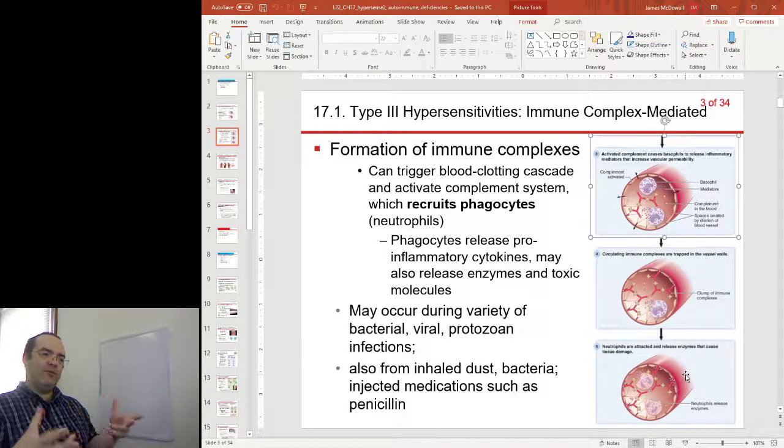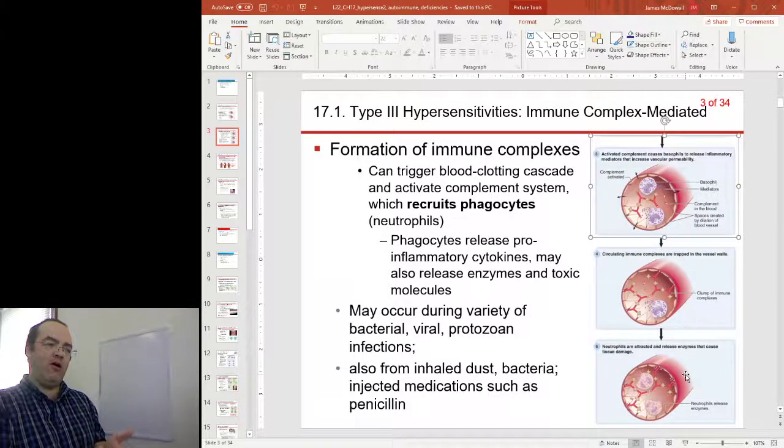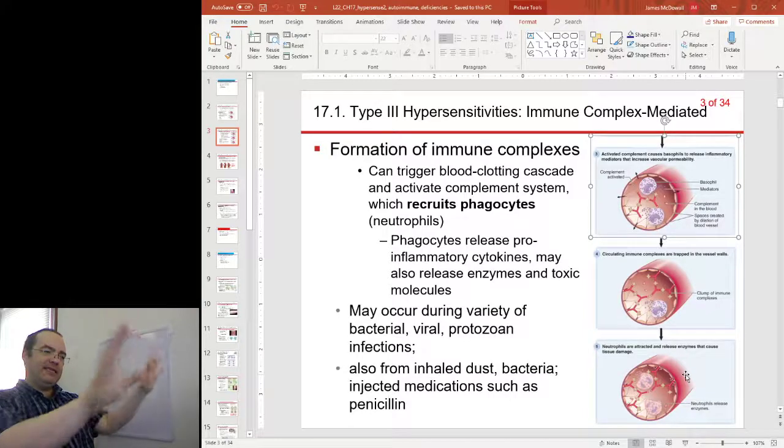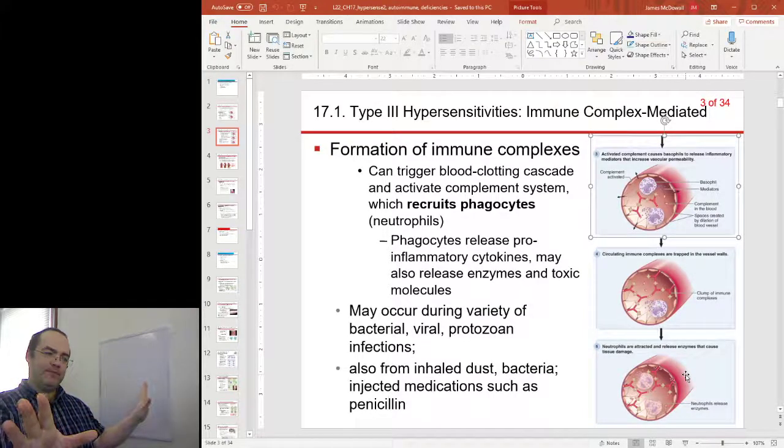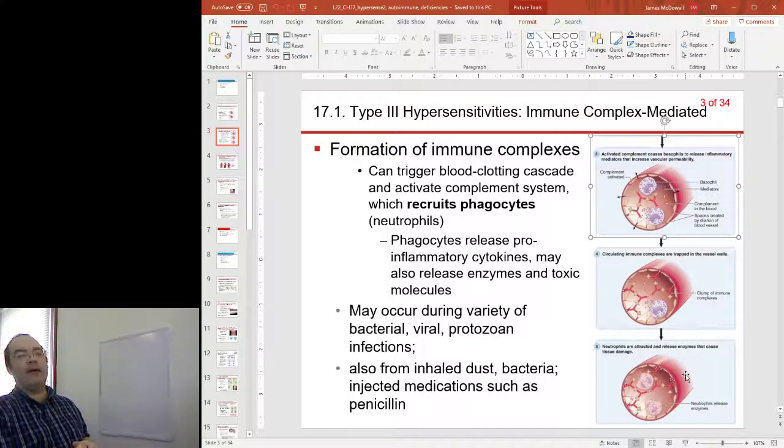So our immune complexes form, they get lodged, an immune response is mounted, cells like neutrophils come along and release toxic chemicals, destroying the antigen, but at the same time harming our own cells.